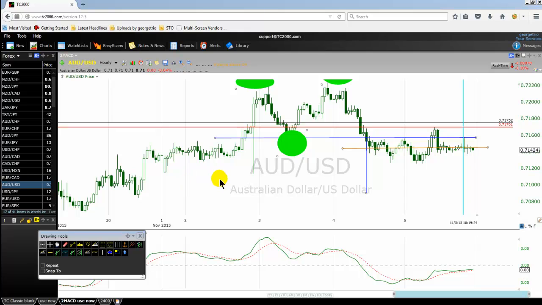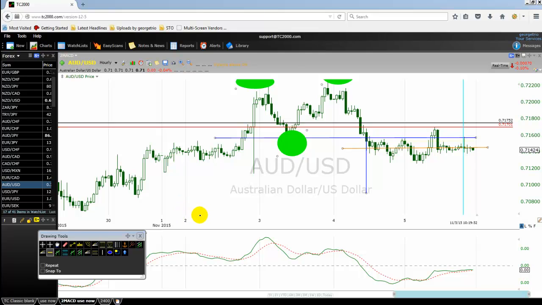So therefore I will set a limit order to come out of this trade if the price hits this level. This is for the Australian dollar, US dollar currency pair. For the second trade that we took at 7161, we sold the Australian dollar at 7161. For that trade, I will expect a 40 pip profit.